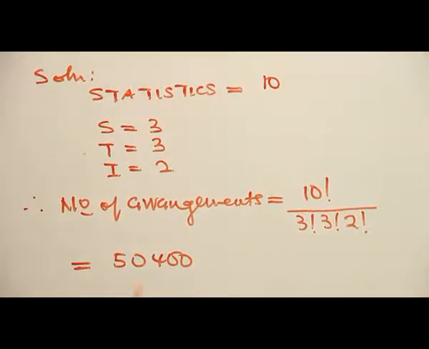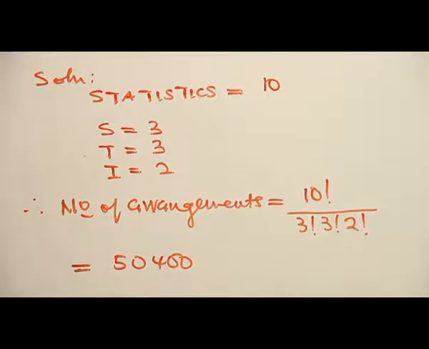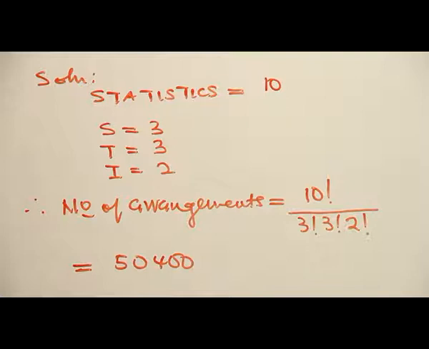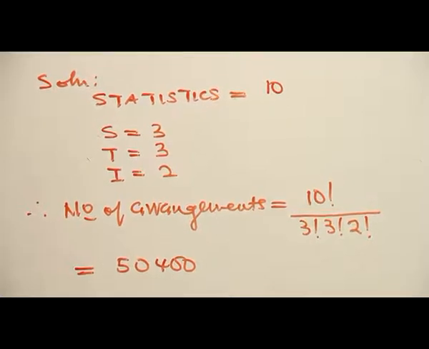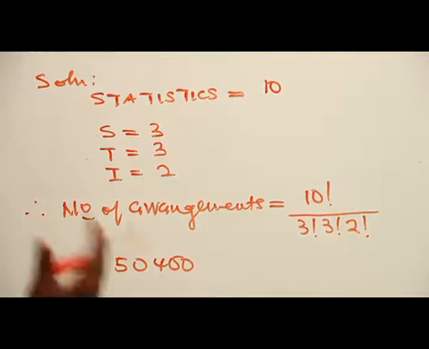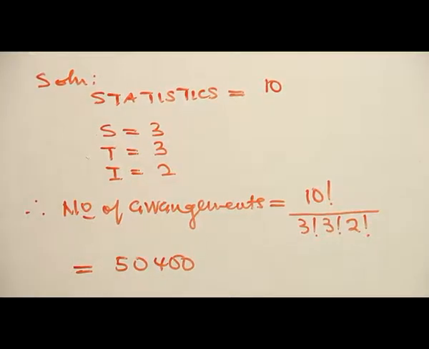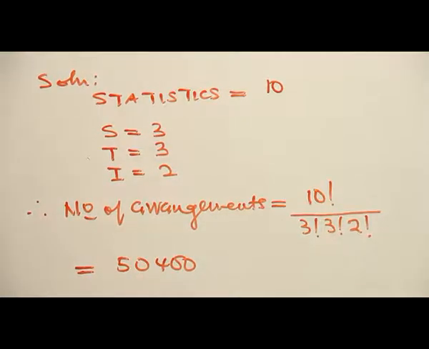Those of us who play scramble sometimes, you know what we're talking about. You can have 7 types of different letters and you arrange them to form a word. How many different arrangements can you have depending on the types you have? So that's the idea of arrangement in this case.